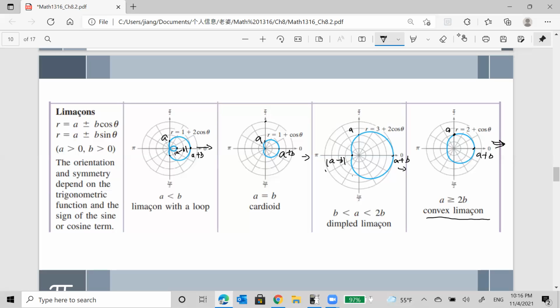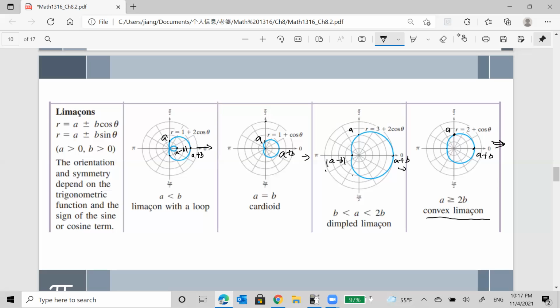Be careful here. I mean r equals the absolute value of A minus B. From here to here, the distance is the absolute value of A minus B. That does not mean this point in the rectangular system is the absolute value of A minus B. That's in the polar system, that's the r.